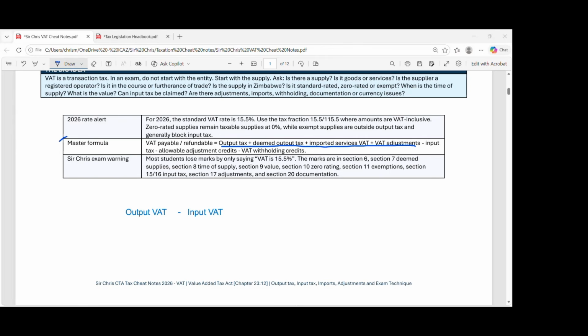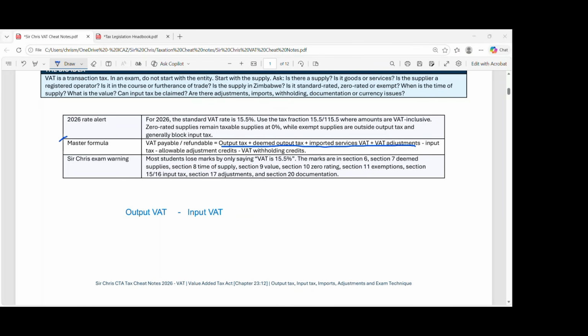At what rate, we have got three rates. We have zero rated, that's your section 10. Then we have exempt, which is your section 11. Then there is standard rated, which is not defined in the Act.